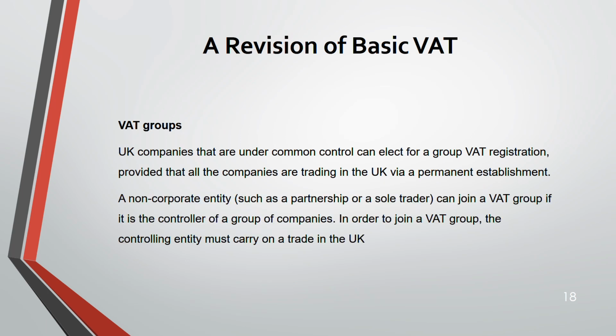If you're a non-corporate entity, that means you're either a partnership or a sole trader, you still can join a VAT group if it is the controller of a group of companies. That means a sole trader or a partnership controlling a group of companies can still join the VAT group with the company. In order to join a VAT group, this is the condition: the controlling entity must carry on a trade in UK.